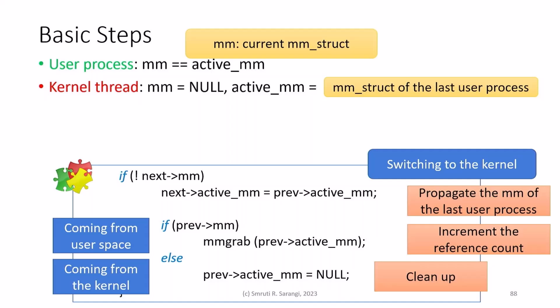So what is going on is that we know that every task struct has an mm struct. This is something that we know, correct? That every task struct, so a task struct is a task structure for a user process, for a kernel process, kernel thread, right? Everything. It has an element called mm which is an mm struct.